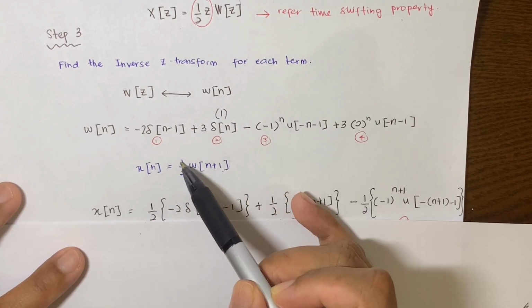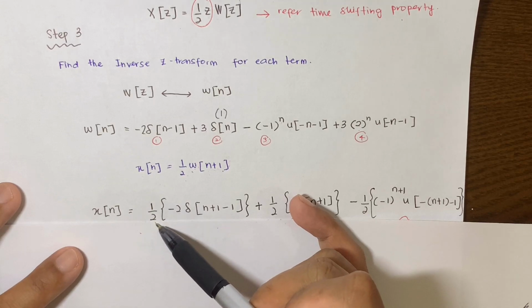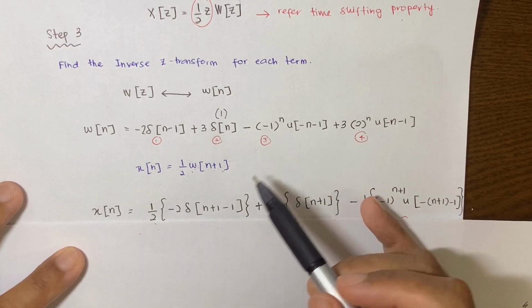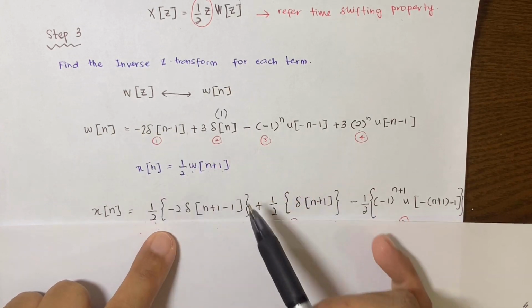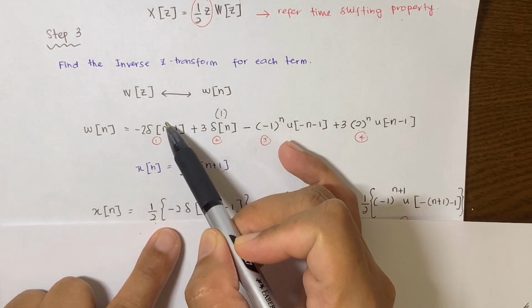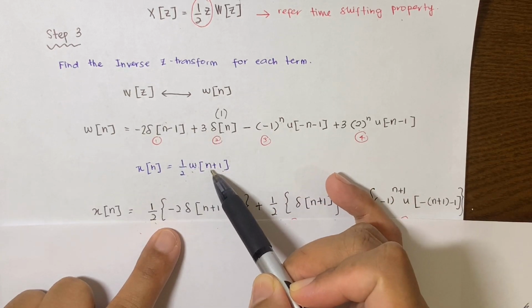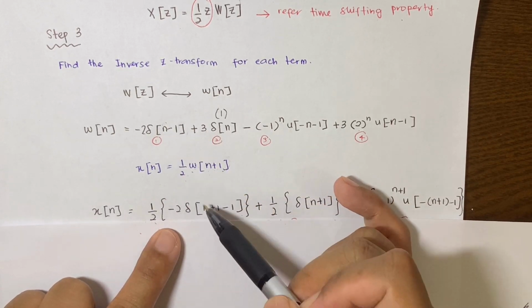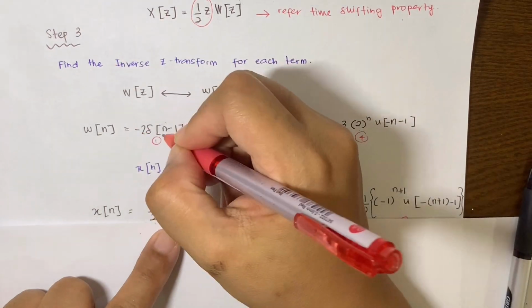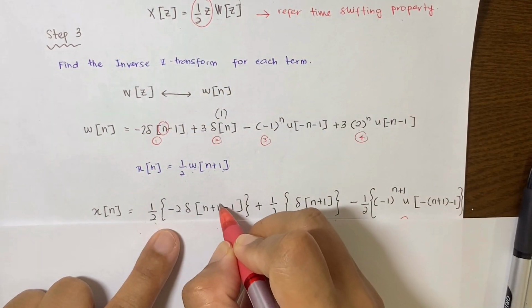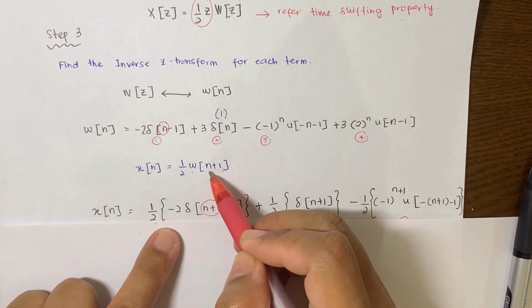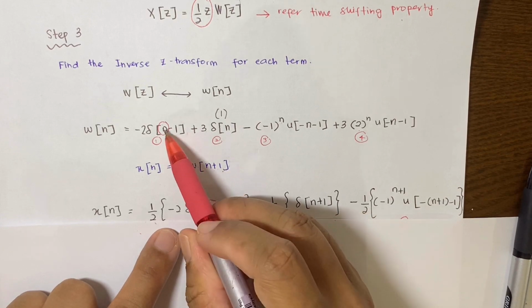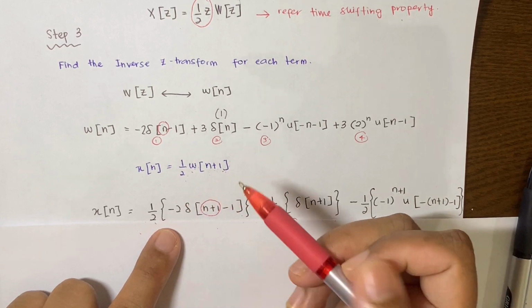So I write here 1 over 2, and in another bracket I put the first term, and n here I change to n plus 1, because the solution wants you to change to n plus 1.